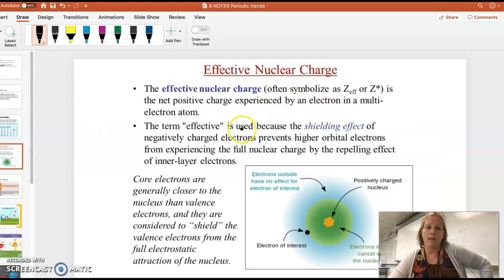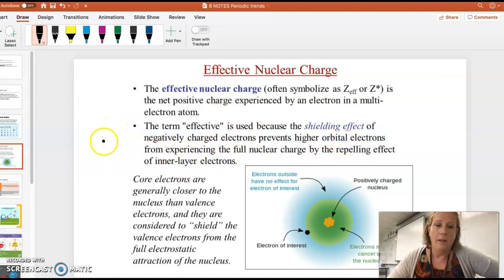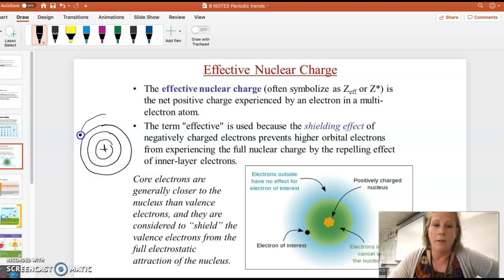There's also something called effective nuclear charge. It's kind of like if you were to go to a concert or a football game and there are all these people in the way, and you're way out here. In the middle, in your way, are all these other electrons. What we call that is electron shielding.